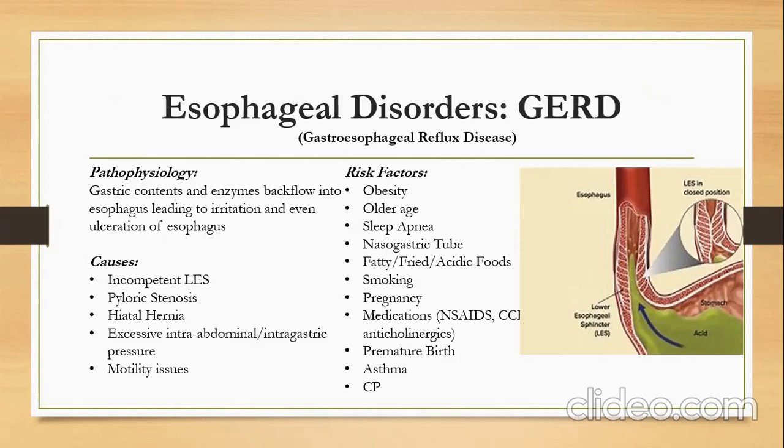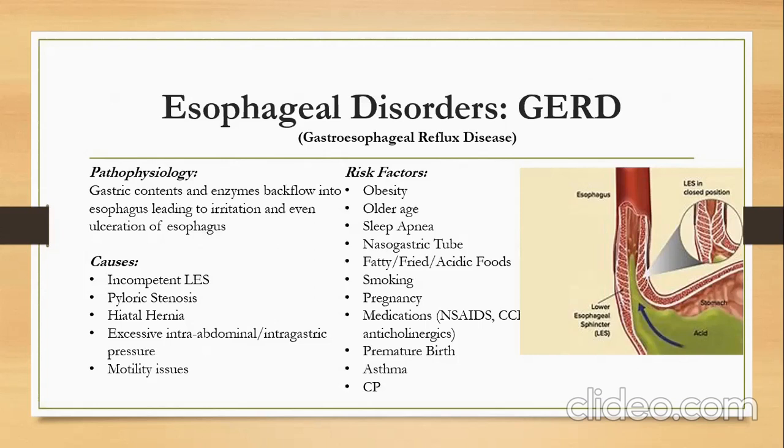Incompetent lower esophageal sphincter. So as you can see in this close-up picture over here, the LES in closed position. The LES is a sphincter, lower esophageal sphincter. A sphincter is like a valve, okay? This valve opens and closes to allow food to pass, but it's supposed to be a one-way street, okay? So food should always come down the esophagus and into the stomach.